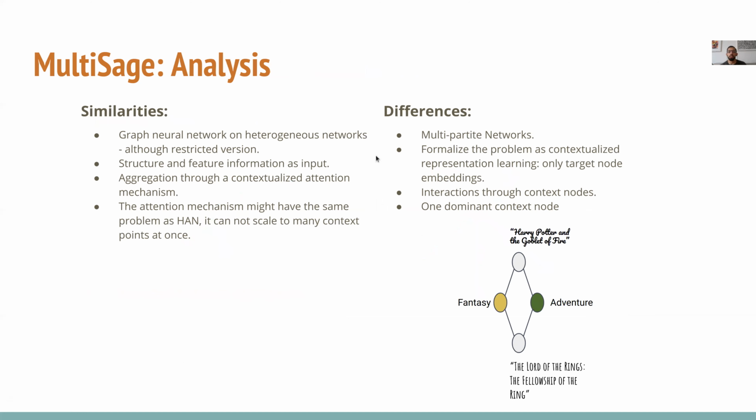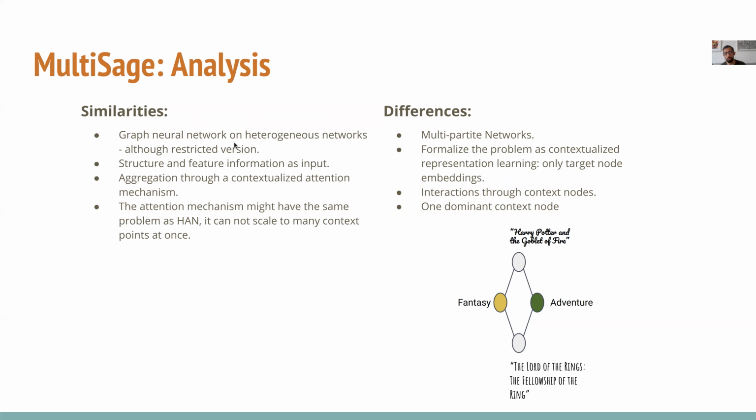Now, here I'm just trying to list the similarities and differences between MultiSage and the first two studies. Similarities: first, MultiSage is a graph neural network working on heterogeneous graphs, which is similar to the second work, Han, but MultiSage is more of a restricted version because they have a lot of assumptions. They assume that the graph is multipartite, not a complete heterogeneous graph.